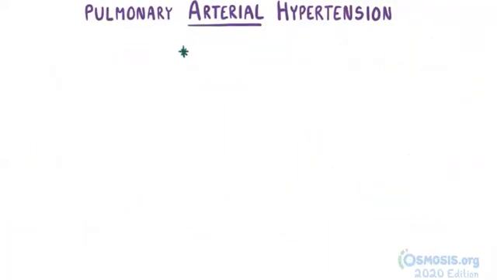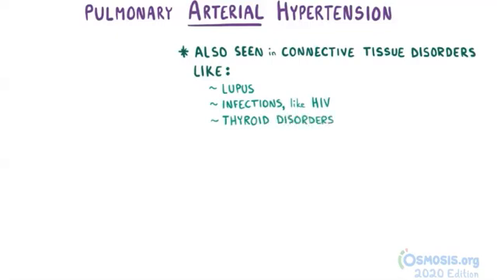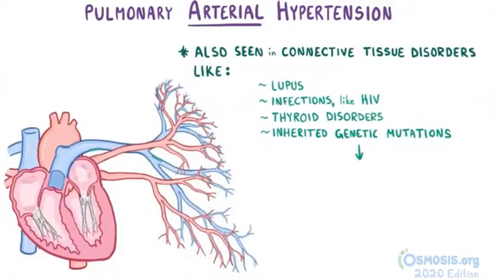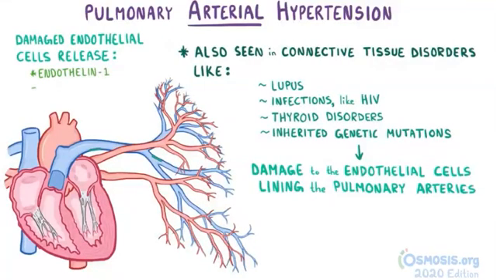Pulmonary arterial hypertension can also be seen in connective tissue disorders like lupus, infections like HIV, thyroid disorders, and inherited genetic mutations. In these situations, the process starts with damage to the endothelial cells lining the pulmonary arteries. Once that happens, the damaged endothelial cells release chemicals like endothelin-1, serotonin, and thromboxane.